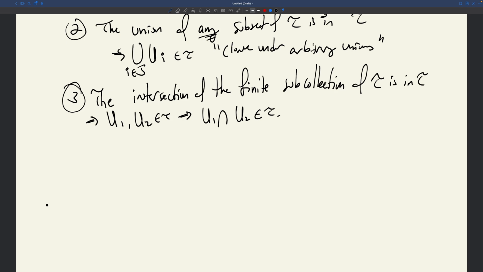All right. I want to note something. Should I give an example of how a topology should look? I guess we do give examples later on, but let me just give an explicit example.